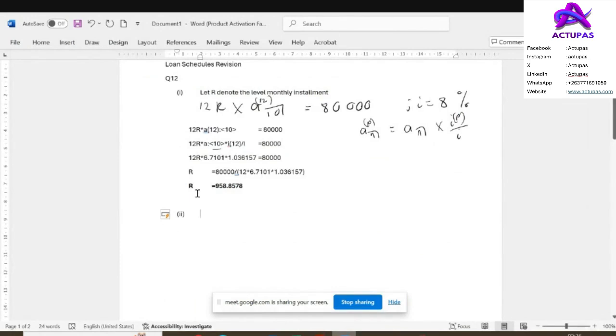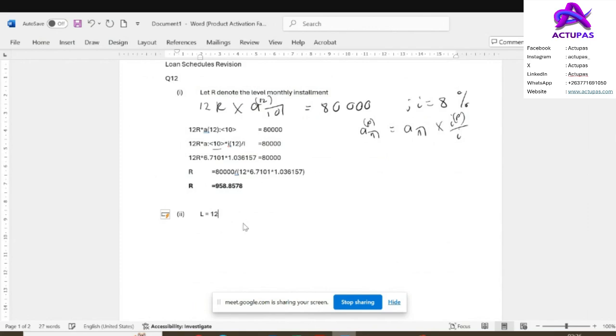So the loan outstanding, using the prospective reserve approach, would then be L, where L denotes the loan outstanding. We said 12R, so it's just this, but it will now be for 7 years, 2 months.